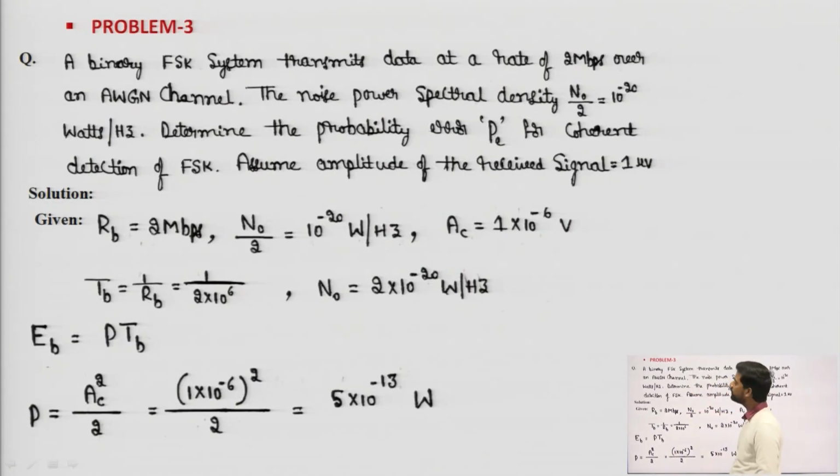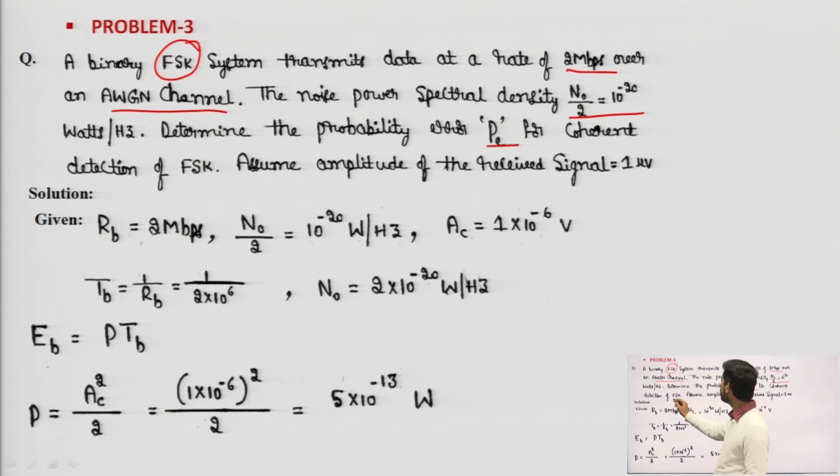Similarly, this is another problem regarding FSK. A binary FSK system transmits data at a rate of 2 Mbps over an AWGN channel. The noise power spectral density is this much. Determine the probability of error for coherent detection of FSK.